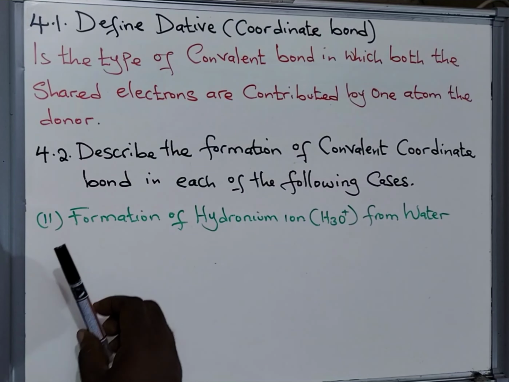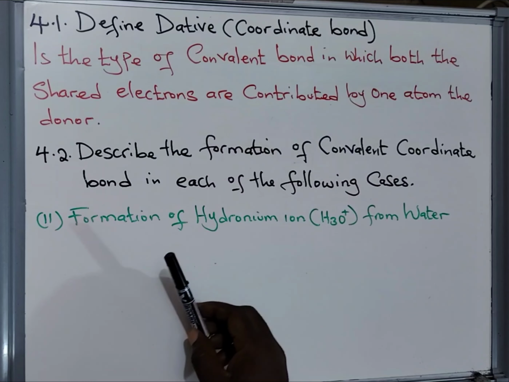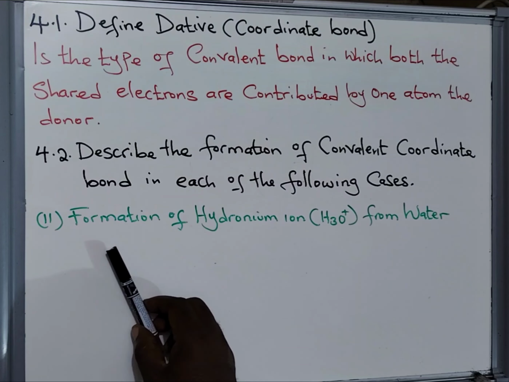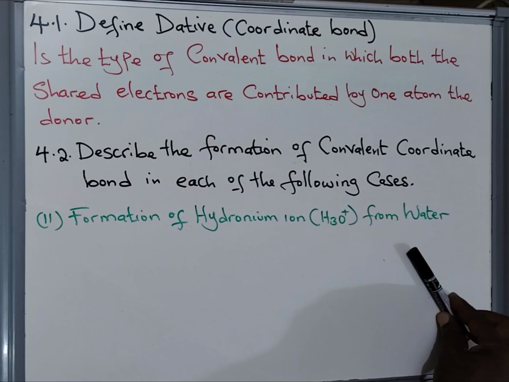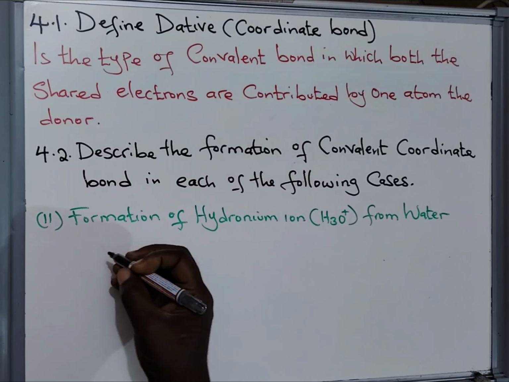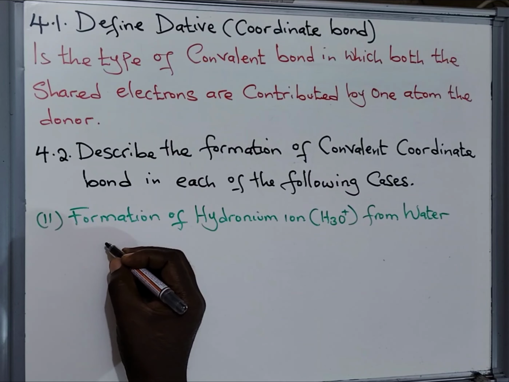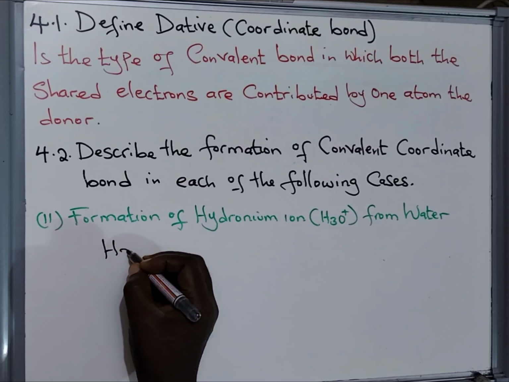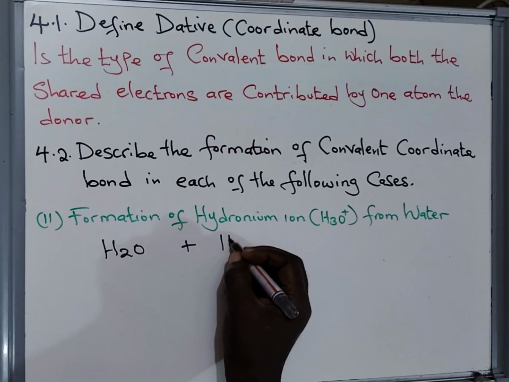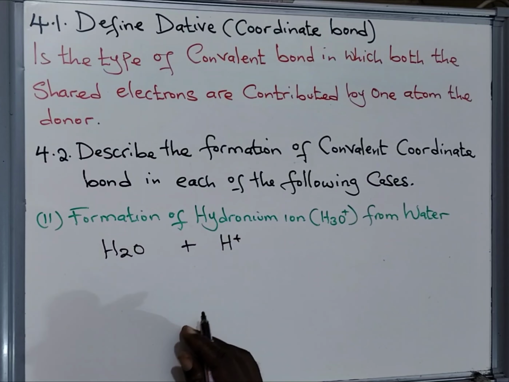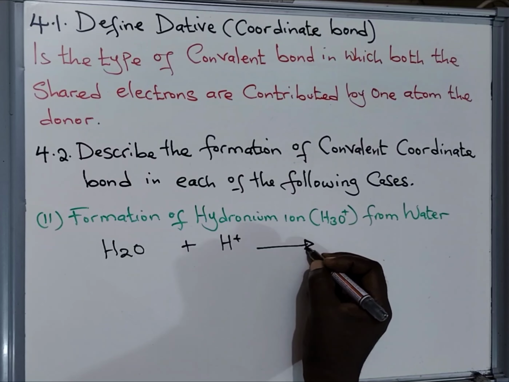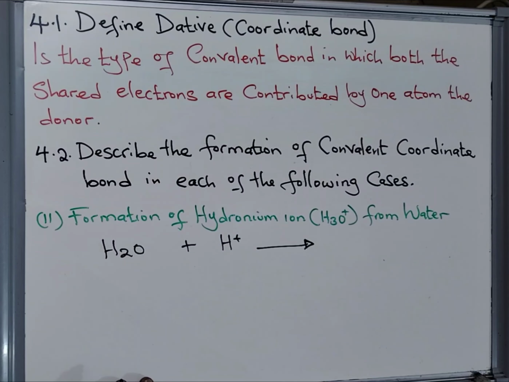It says, describe the formation of covalent coordinate bond in the formation of hydronium ion from water. This is what I need you to know, that this is the case. You have water, and if a proton or hydrogen ion comes, this is what is going to happen.